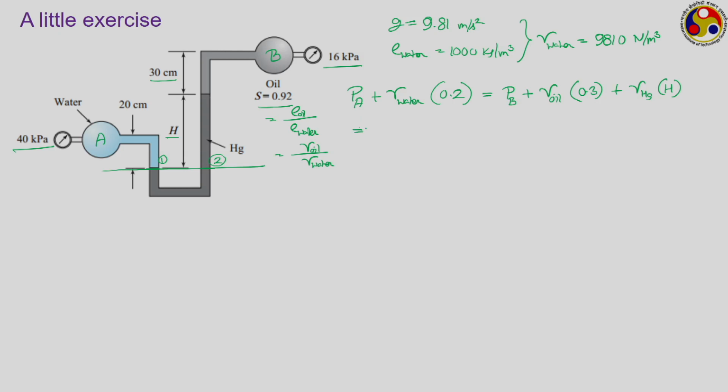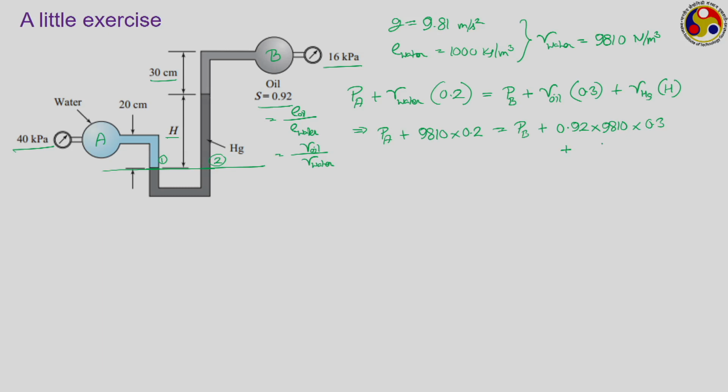Rather, if we come back to this now, we have Pa plus how much is gamma for water, which is 9810 into 0.2, is equal to Pb plus how much is gamma for oil in this particular situation, specific gravity is 0.92 into gamma for water, which is 9810 into 0.3, and that for mercury.